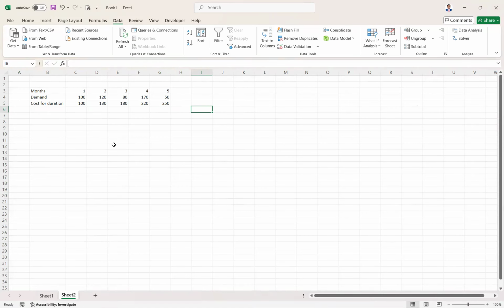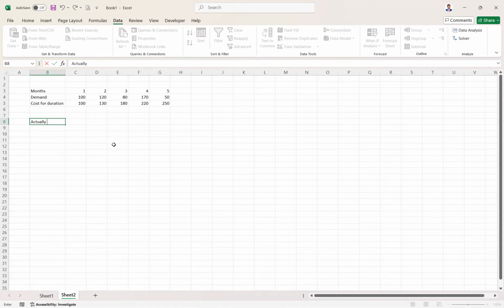Now we have to form the variables. So how can we form the variables? We have to form the variables with the number of employees who are hired by the company in each month. Suppose this is the demand, you don't know the actual number who are actually hired.